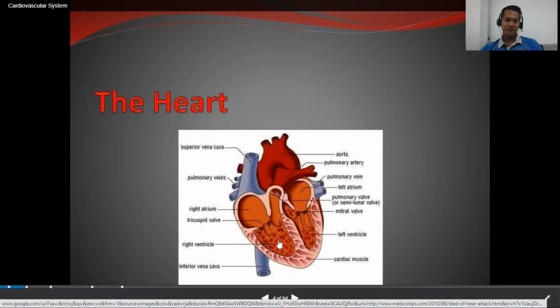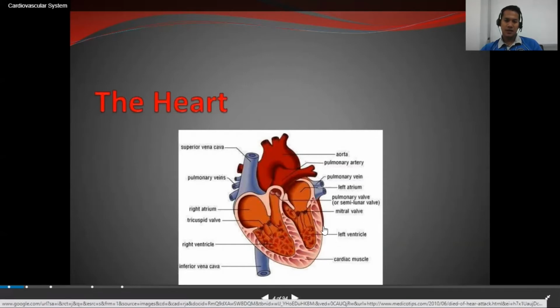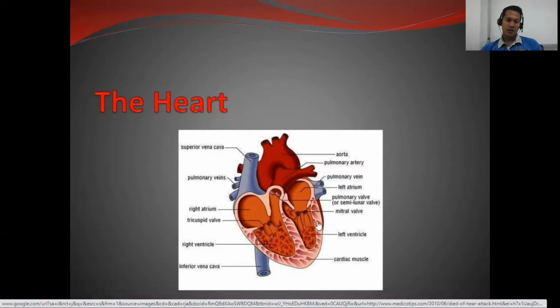Those are the heart anatomy, and you will notice that this part right here is thicker than the layers of the atria. There's a reason for that. I will tell you later.